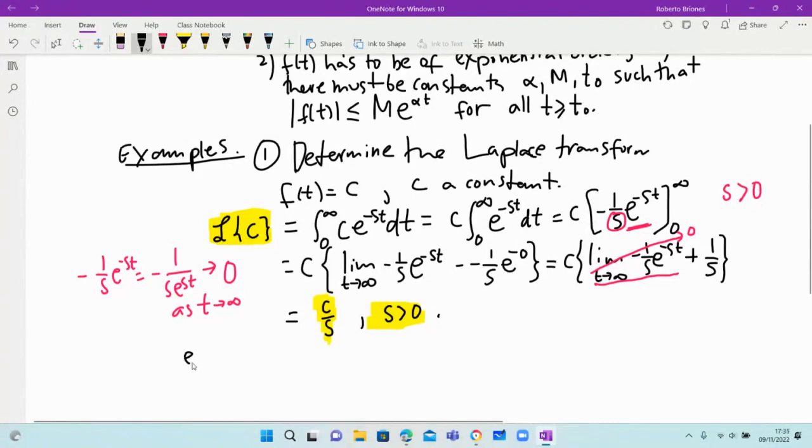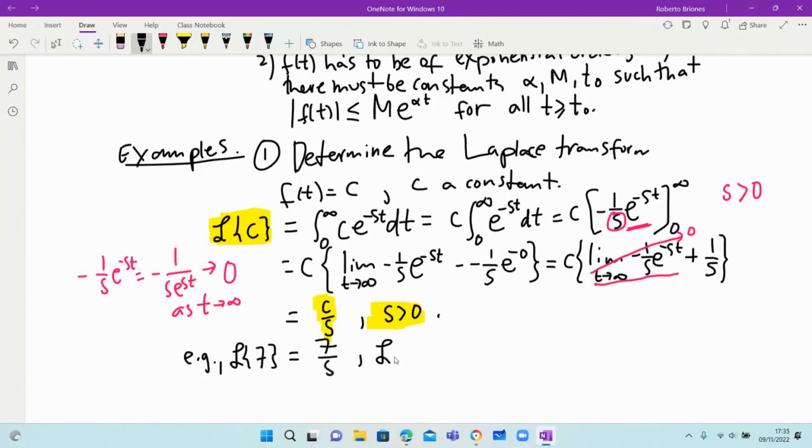This is true, for example, if we want to evaluate the Laplace transform of the constant function 7. This should be equal to 7 over s. The Laplace transform of negative 3 over 2 is equal to negative 3 over 2 over s, or negative 3 over 2s.